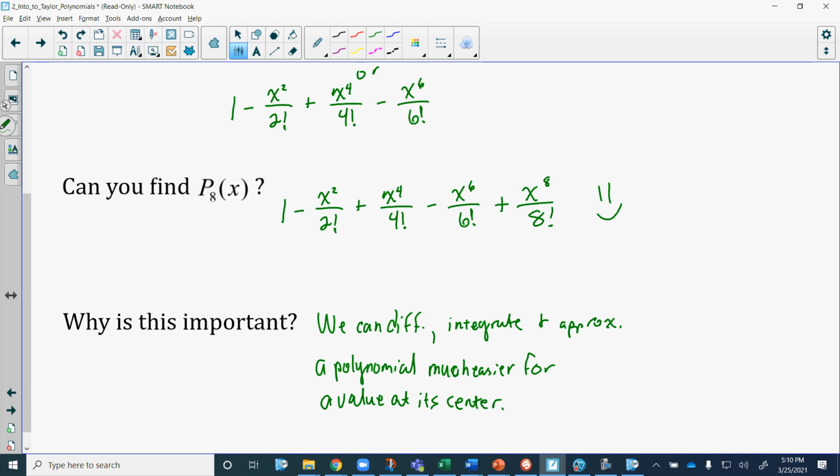Now here, the center of the polynomial and the center of the cosine was at 0, but we could have done this very easily for centers beyond 0.